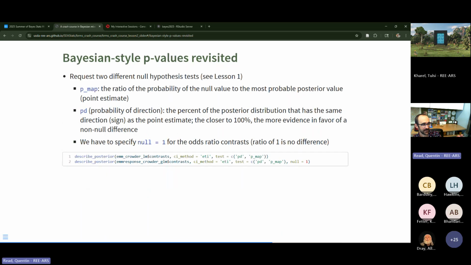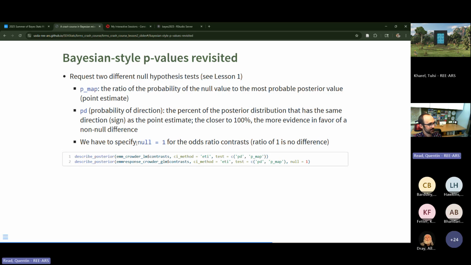And as we showed, there are two different kinds of Bayesian p-value at the end of lesson 1. We're going to use those again, the PD, probability of direction, and the p_map. Next week, we'll review again what the difference between the interpretations of those is, but they're just two different ways of summarizing the evidence for a difference between the means.